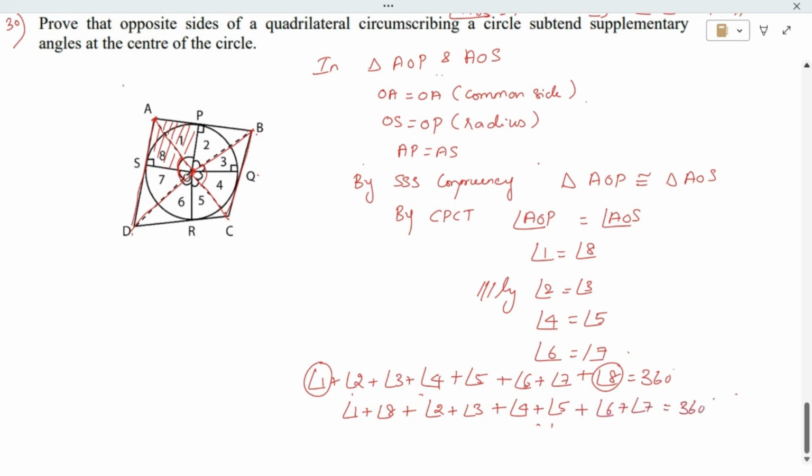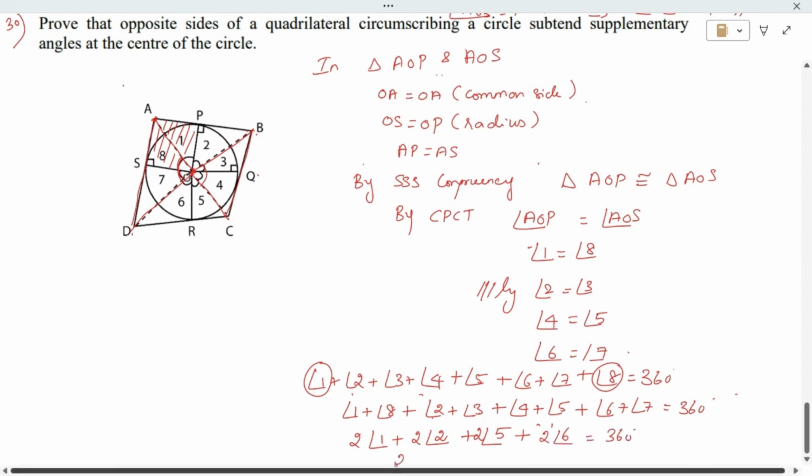So if I replace angle 8 as angle 1, it will be 2 times angle 1. Similarly, angle 2 and angle 3 are equal, so I can replace angle 3 as angle 2, so it will be 2 times angle 2, and here it is 2 times angle 5. Angles 4 and 5 are equal, so I'm keeping angle 5, and 6 and 7 are equal, so I'm keeping angle 6, equal to 360.